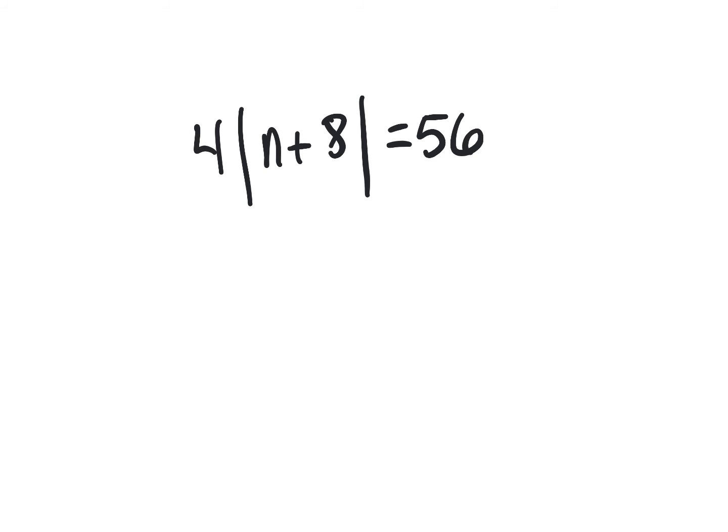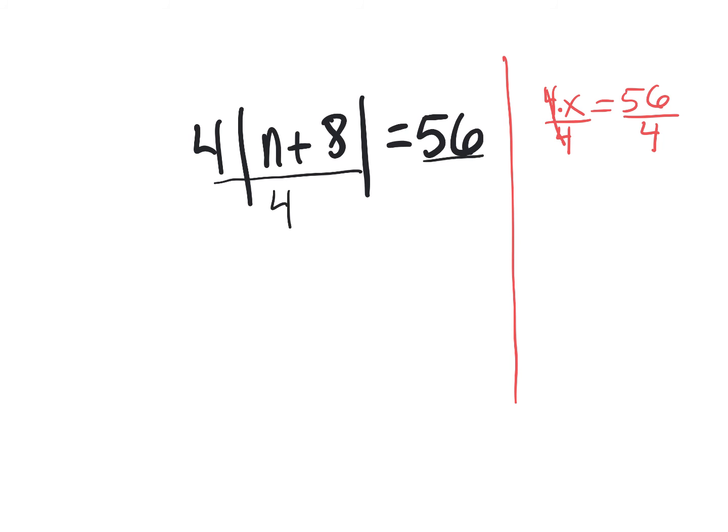This time, the companion problem I'm going to ask you to think about is, what if you had 4x equals 56? You know right away that's multiplying, so we're going to undo multiplication by dividing both sides by 4. Here you're going to do the same thing. First, divide both sides by 4. That will cancel out, and 56 divided by 4 gives you 14.